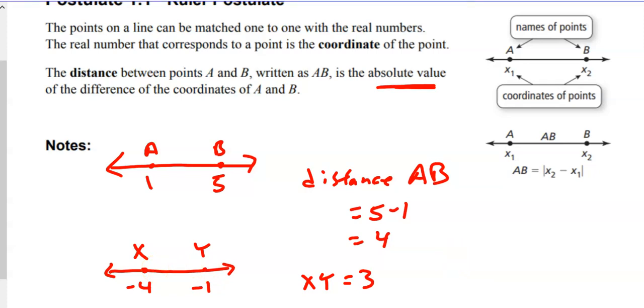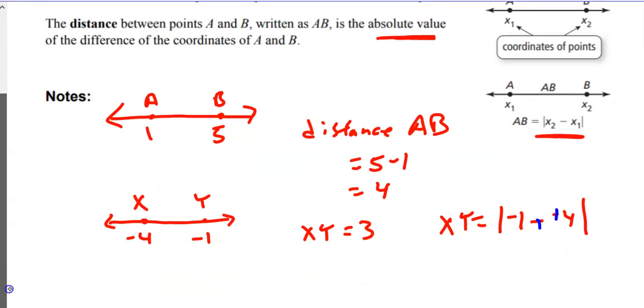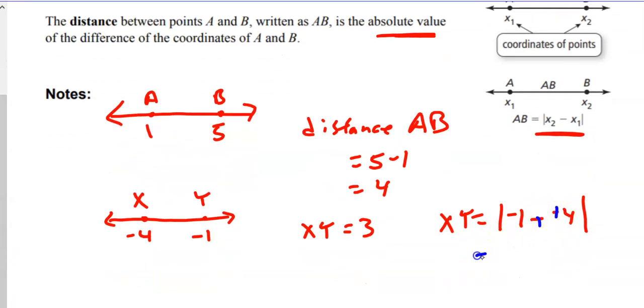So if you do that, notice the order they have here. They have the one on the right, which is always the larger number. So XY is the larger number, -1, minus -4. So this really turns into -1 plus 4. You'll see me do this notation quite frequently.